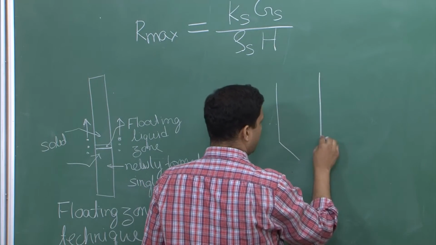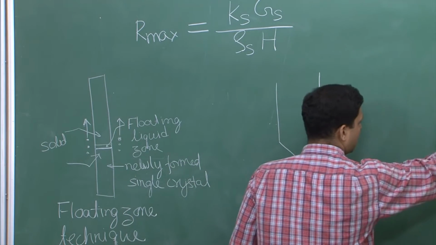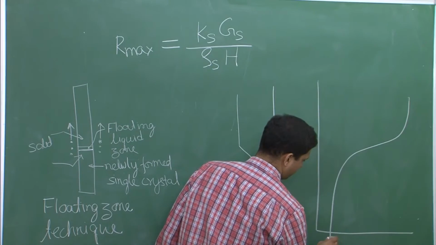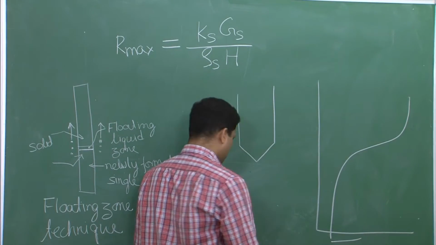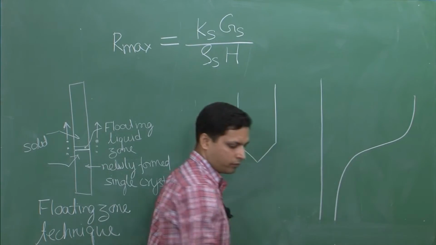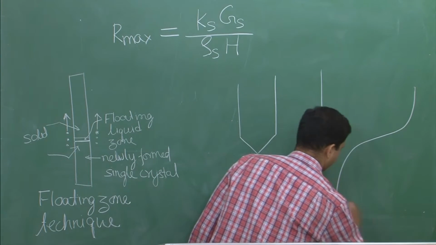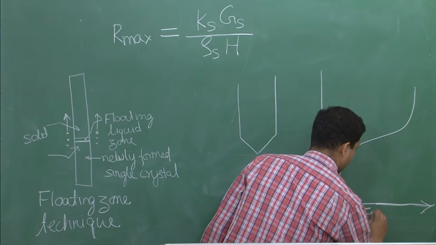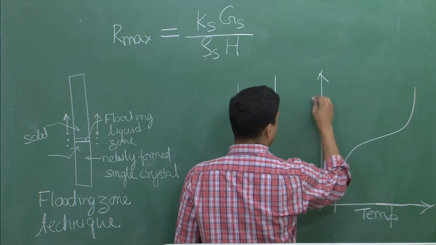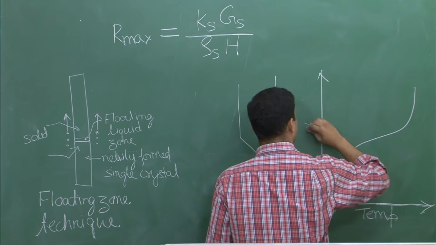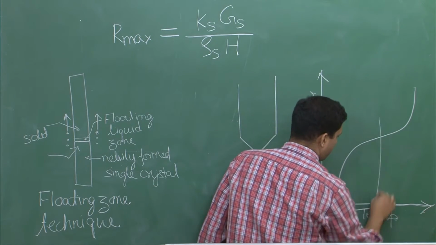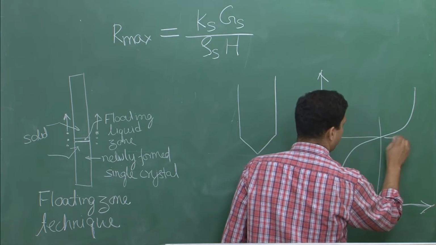And not only for this, if you remember, we were talking about the Bridgman furnace earlier. Over there also the temperature, so let me redraw it so that it remains visible. On the X axis I have the temperature, and on the Y axis I have the distance. So, somewhere over here you have the melting point Tm.